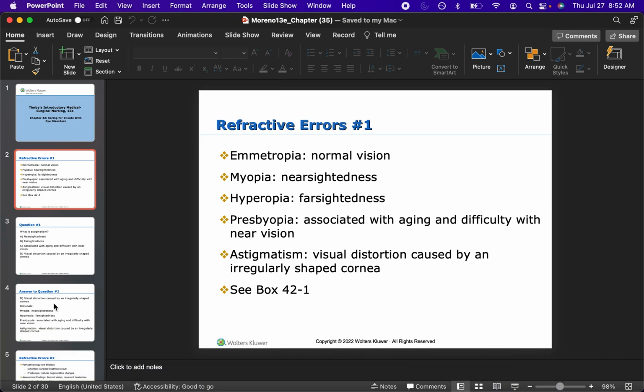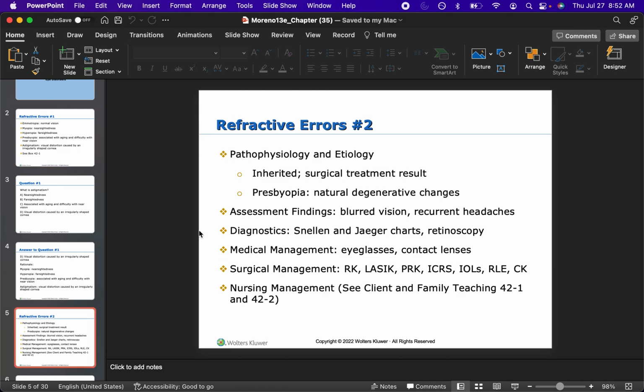Okay. All right. So refractive disorders, like I said, we just talked about that. They can be inherited. You'll see people whose long line of family wears glasses. It could also be surgical treatment results, or just age changes, right? We talked about degenerative changes.